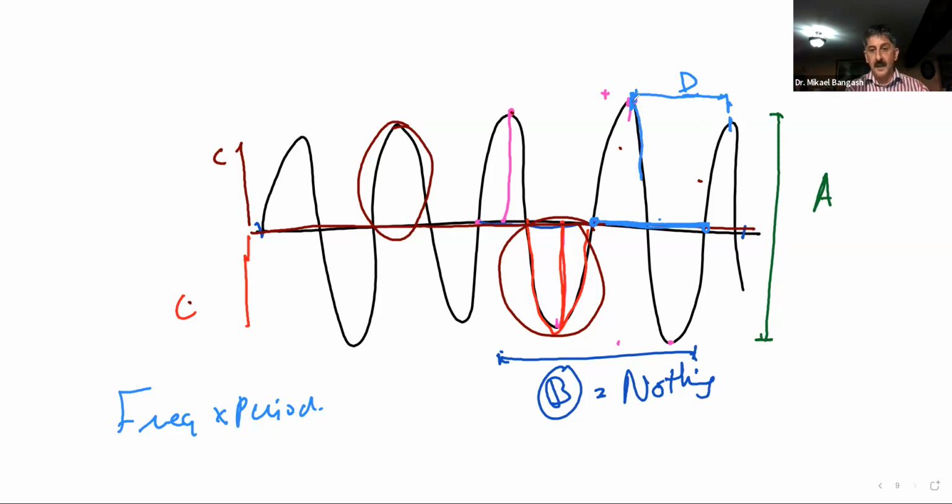Because the last of this cycle is here, then this, and then here. So that will be the period, and that is the only one that is reciprocal to frequency. Line D, if we measure it in time, is the period. If we measure it in length, then it becomes the wavelength. But it was only the period that will be reciprocal to frequency.